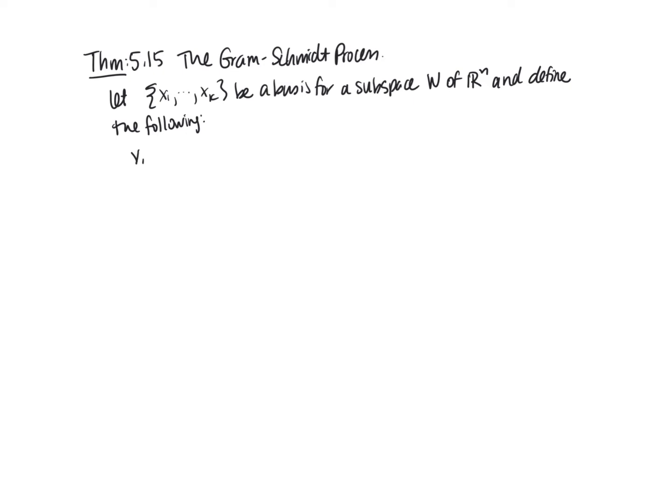So we'll say V1 is x1, so we're just going to start with x1, and then V2 is going to be x2 minus the projection of x2 onto V1.